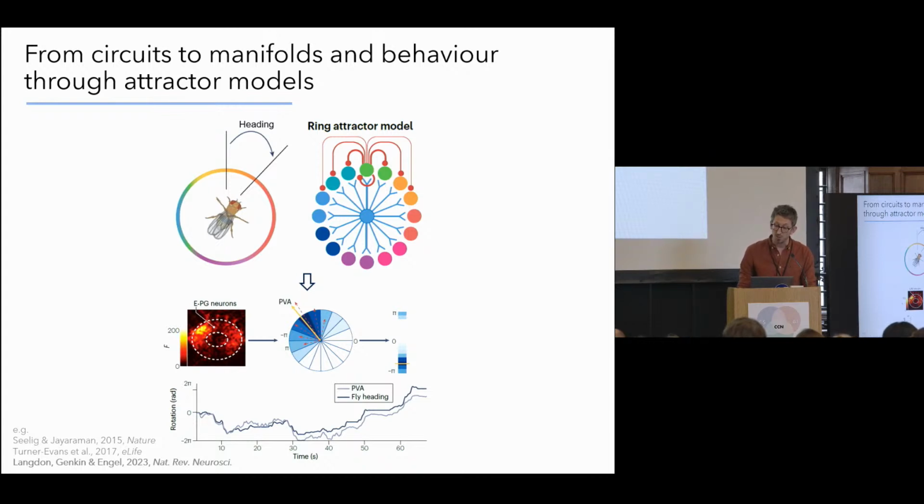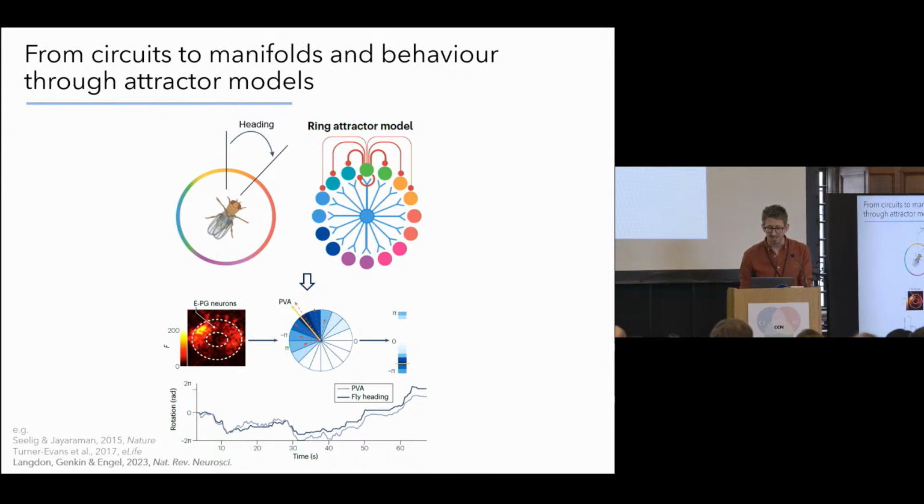These are endowed with excitatory and inhibitory connectivities that conspire to produce a self-sustaining bump of activity over the population. This bump represents the animal's estimate of their current heading direction, and it also moves around a low-dimensional manifold, in the case of a classic ring attractor a one-dimensional manifold, as this estimate of heading direction changes.